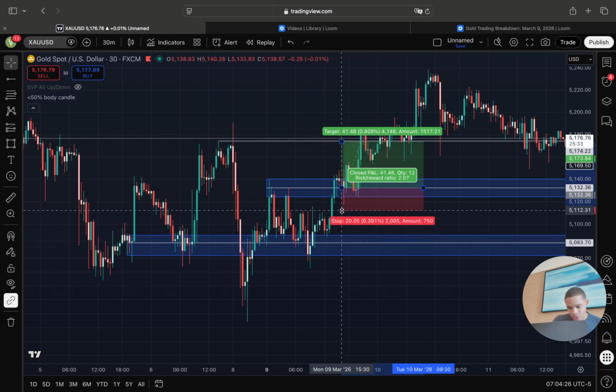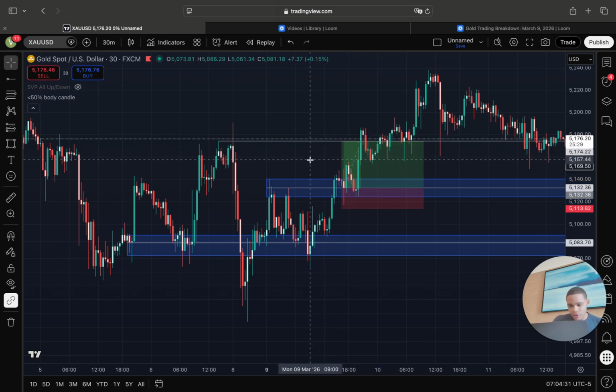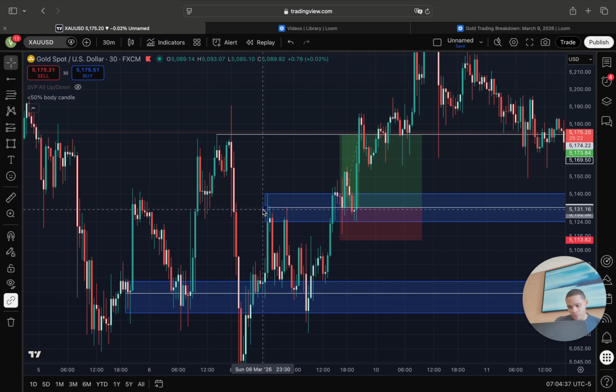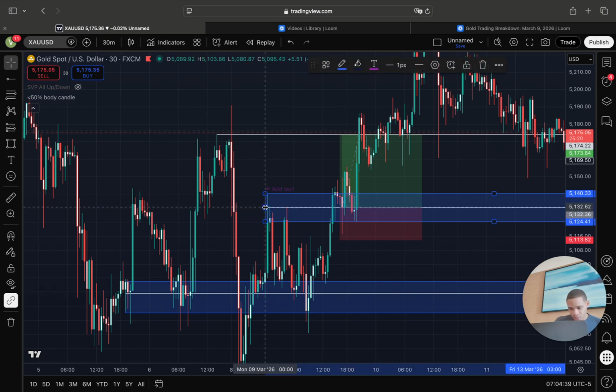And then you would place your stops approximately 180 to 200 pips below this area. And that's how you could make use of this area.